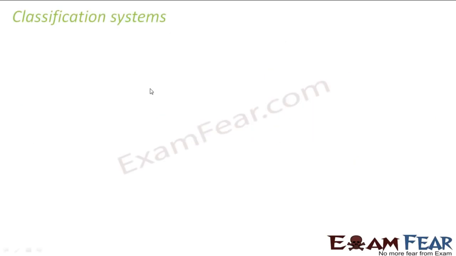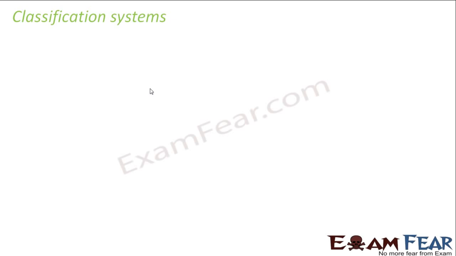As I said, before we go ahead with the different subcategories of the plant kingdom, let us understand the different classification systems. So we should actually know how the classification is done. We'll see how different classification systems evolved with time and how better classification systems came up with the passage of time.